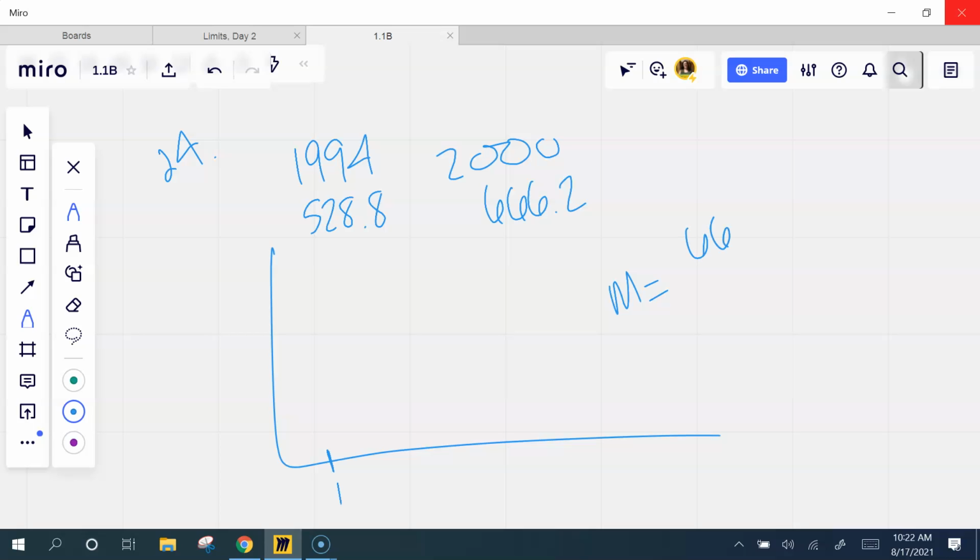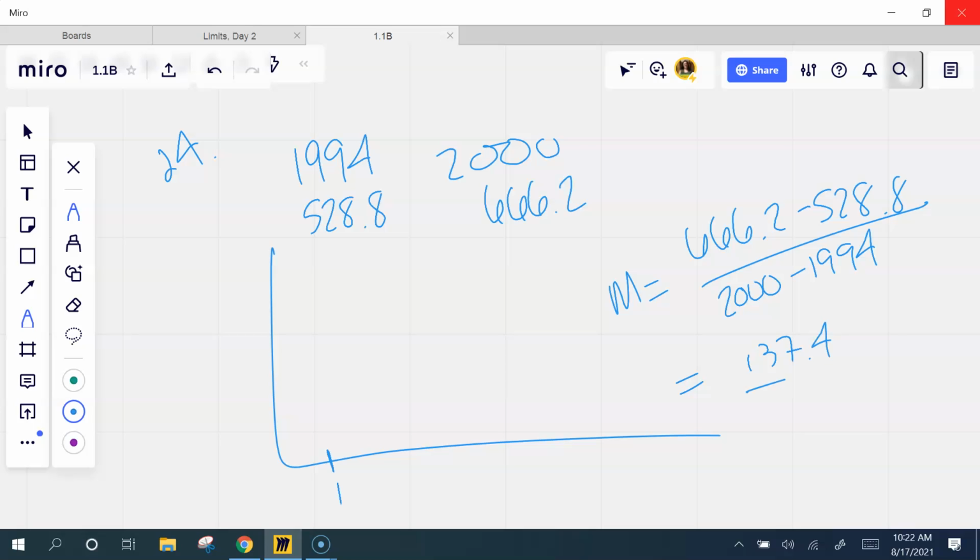Slope here would be, y'all are like zombies this morning. 22.9 slope.